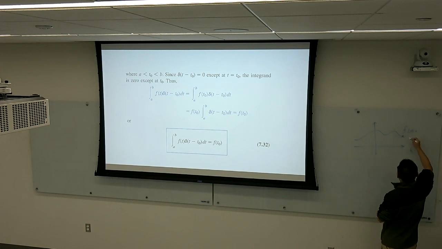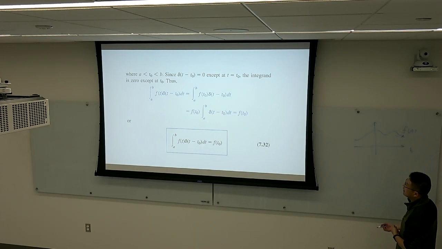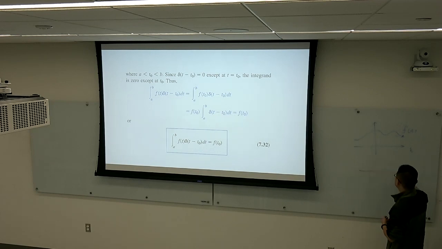Here is f(t), and we have the delta function here. We assume it is at t0, so this is delta(t minus t0).